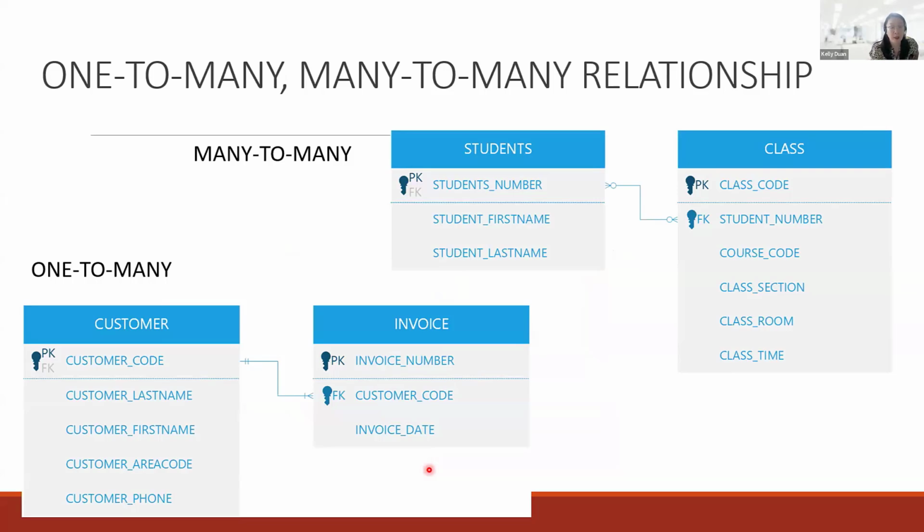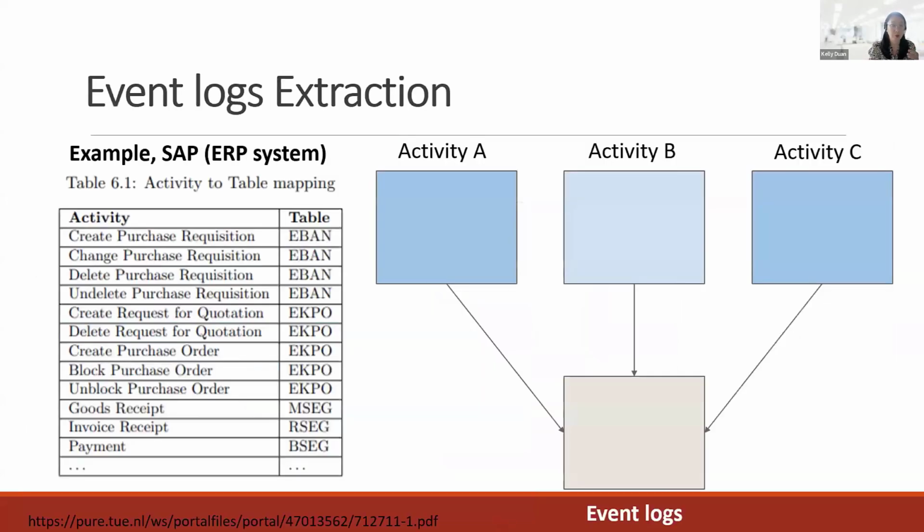So you need some relational database knowledge to understand how different tables are connected with each other, and to understand how the company's ERP system functions. Then you'll be able to extract event logs from the company's IT system. Once you have the event logs built, you can perform process mining.